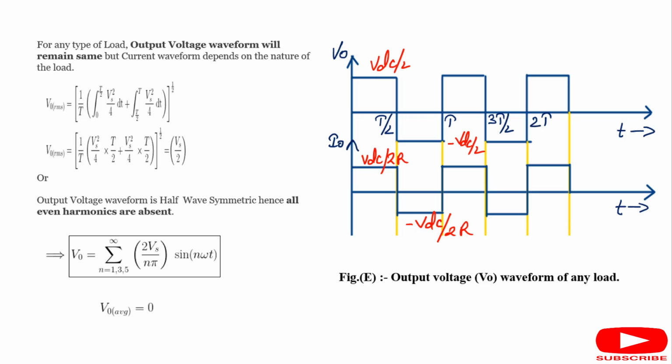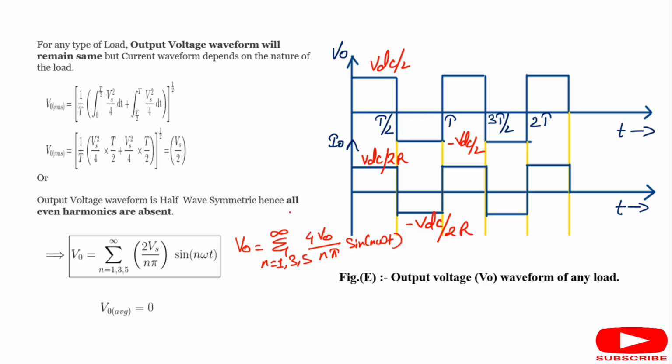Now, as we know, the Fourier expression of the square waveform is the summation of n equals 1, 3, 5 to infinity of 4 V0 by n pi into sine n omega t.